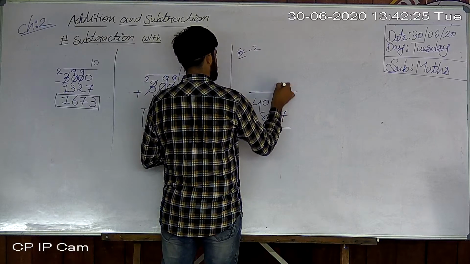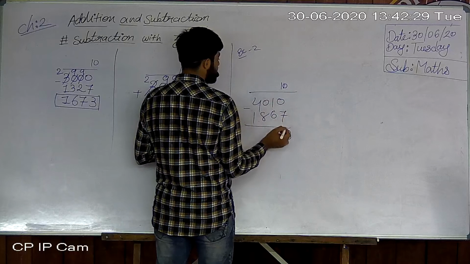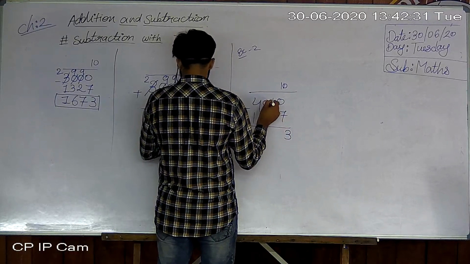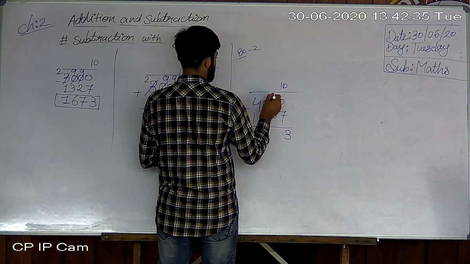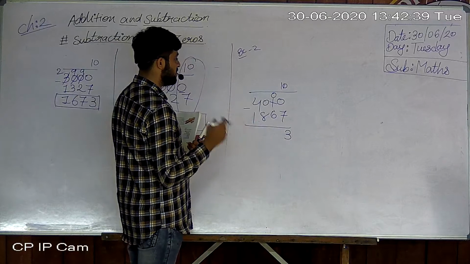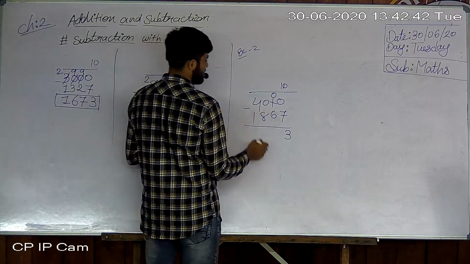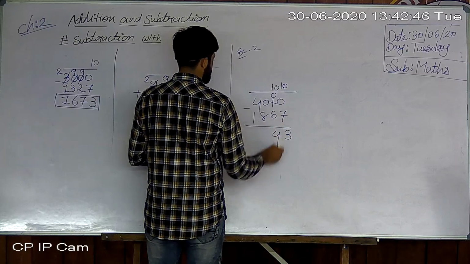I am taking a borrow. 10 minus 7, so 3, and further which digit here? Cut. What are we putting there? 0. 1 is here a number, and the smaller number is this 0. So 0 minus 6, not possible. So 10 minus 6, 4.